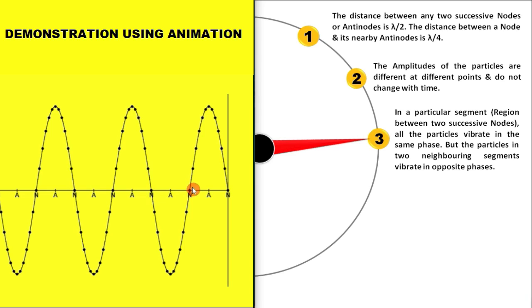Similarly, from this node to this node, they are vibrating in the opposite direction. Between two nodes, all the particles exist here, here, like that. All the particles will have the same phase. Here they are in the opposite, means in the upward direction. But the particles in two neighboring segments vibrate in opposite phases.